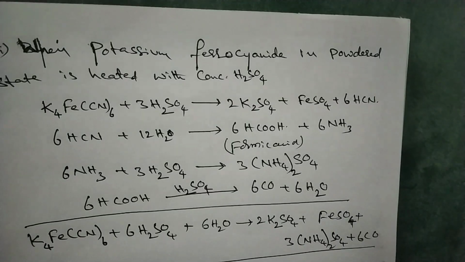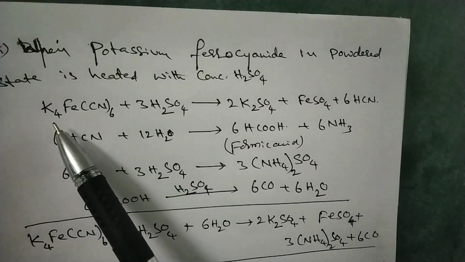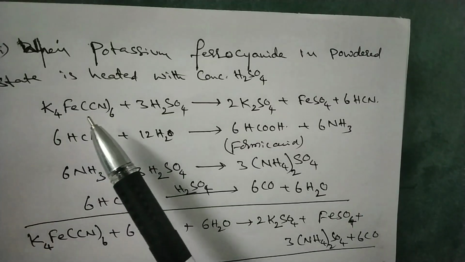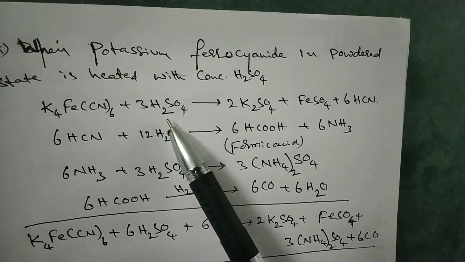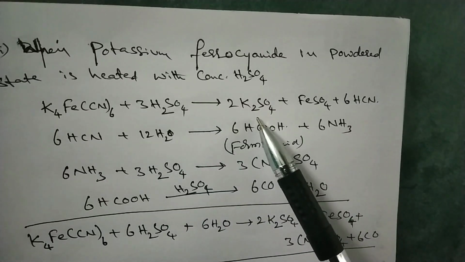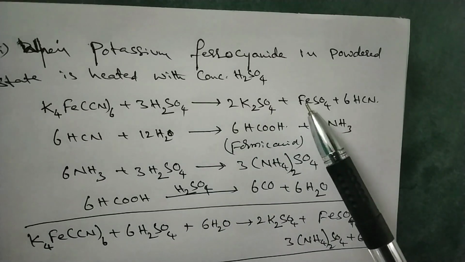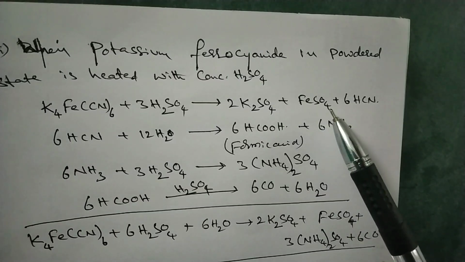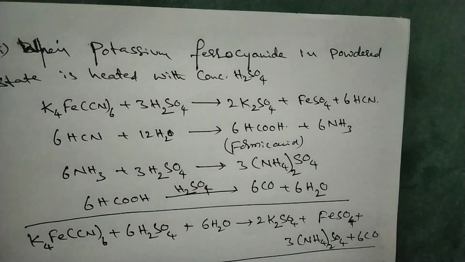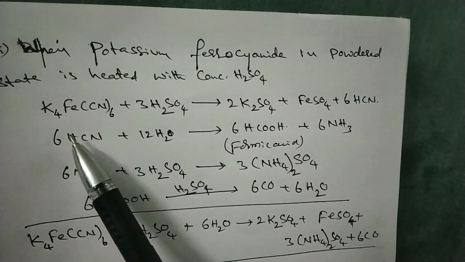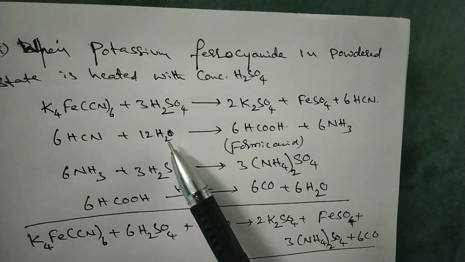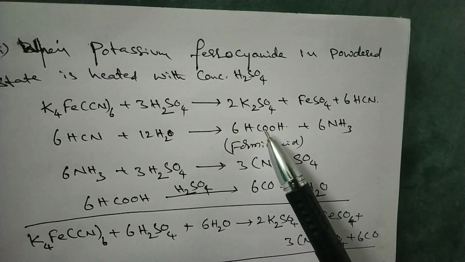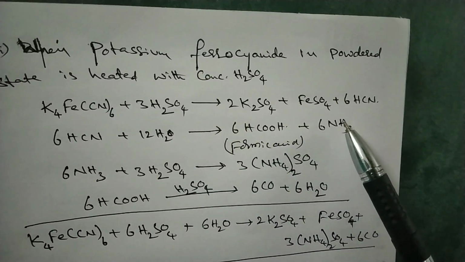How is this reaction formed? Initially, powdered potassium ferrocyanide reacts with sulfuric acid to form potassium sulfate, ferrous sulfate, and hydrogen cyanide. Then hydrogen cyanide reacts with water to form formic acid and ammonia.